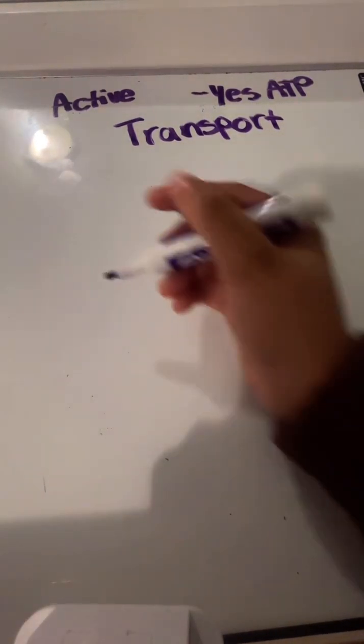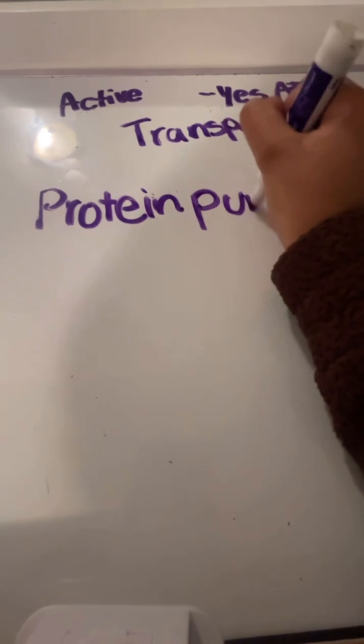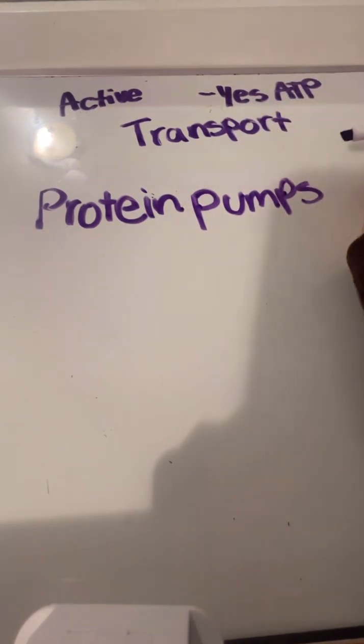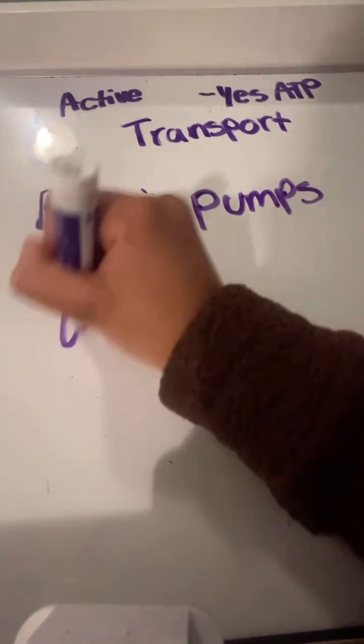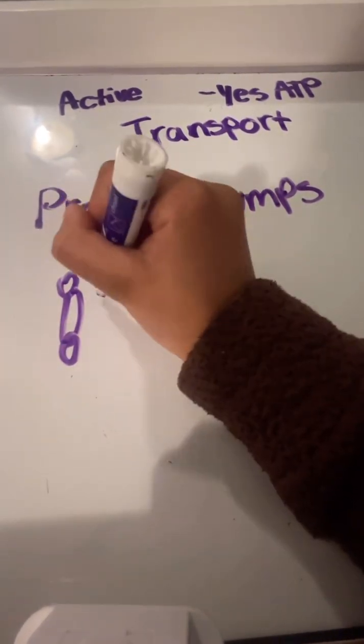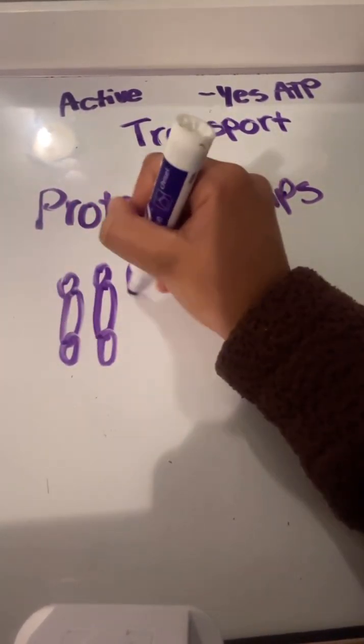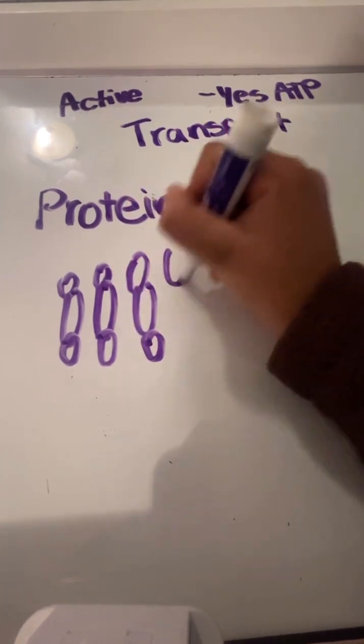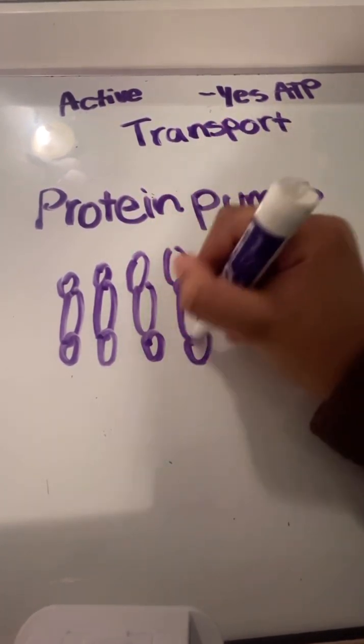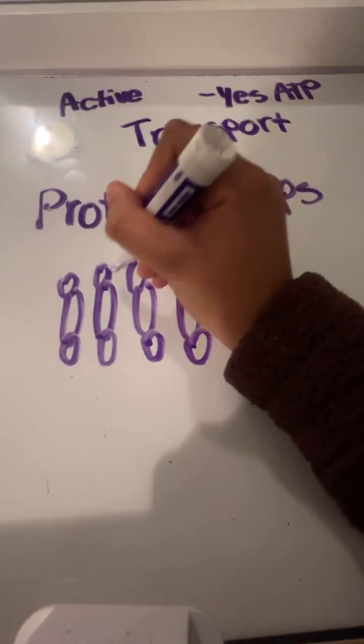The last active transport will be protein pump. And this one is like facilitated diffusion. It's just in active transport. So this time you do use ATP, and it's just like I said, like a channel.